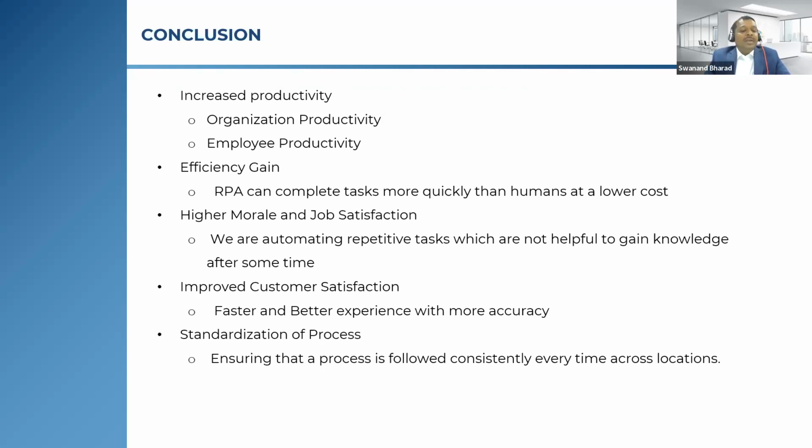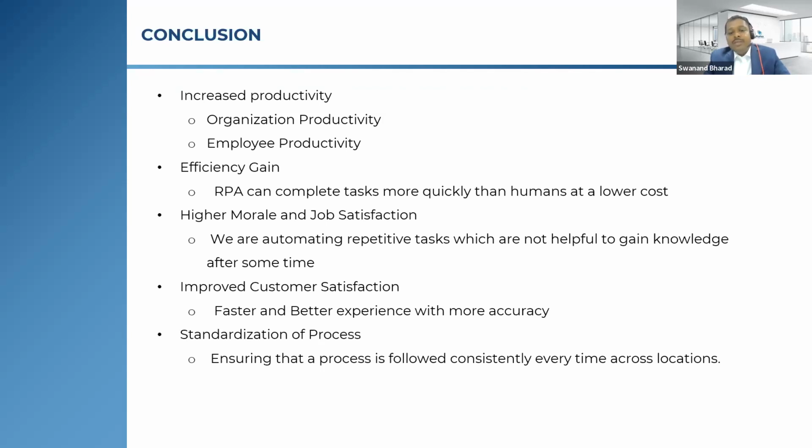Improved customer satisfaction. If we are doing tasks faster and providing a better experience with more accuracy, automatically the customer will be happy. And standardization of process. When we say standardization of process, we ensure that the process is followed consistently every time across locations.